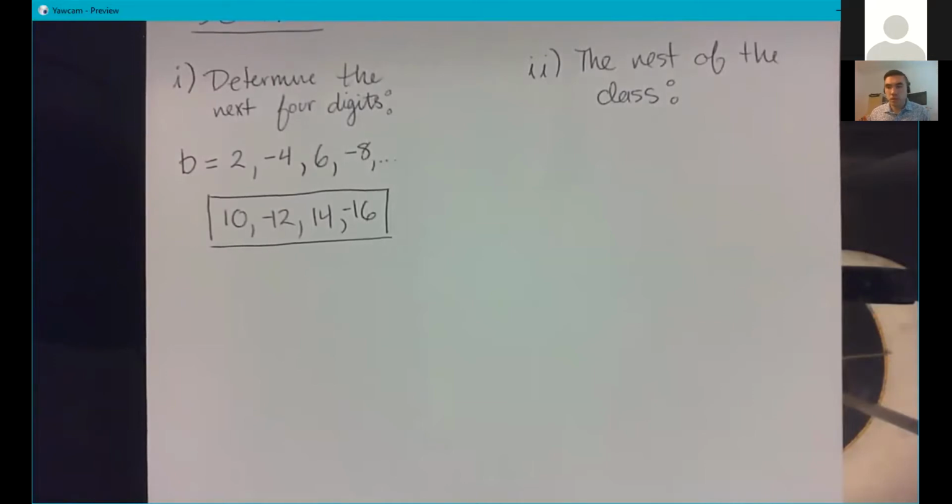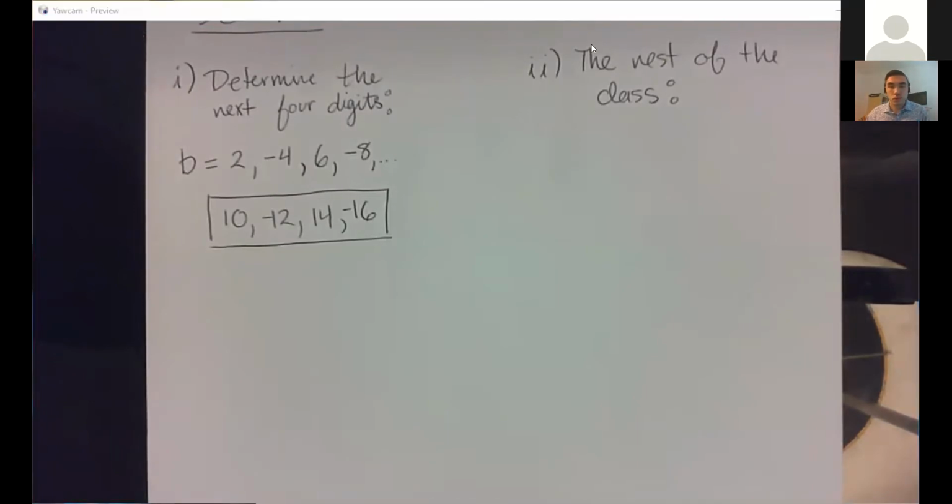What pattern is being observed here through this series? From 2 to -4, it's -6. That is not the pattern that is being observed here. I mean, that's true, but that's not what carries through these digits.